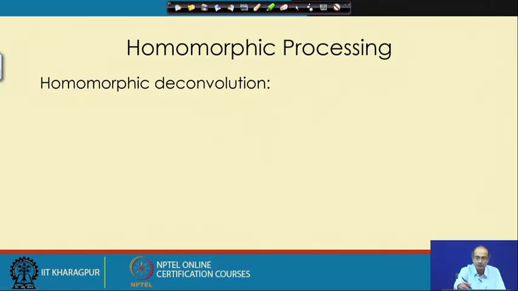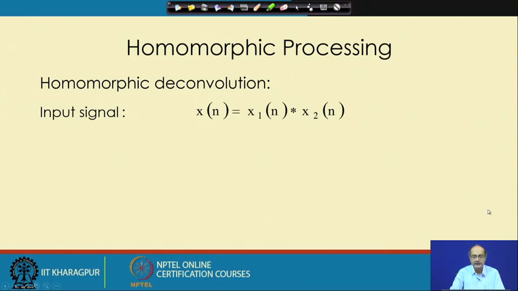Okay. So, here let us look at the example of homomorphic deconvolution. In this case, say the observed signal x[n] actually consists of two parts again, x1 and x2, but they are convolved with each other. One of them we can say is the signal, another is a filter impulse response.